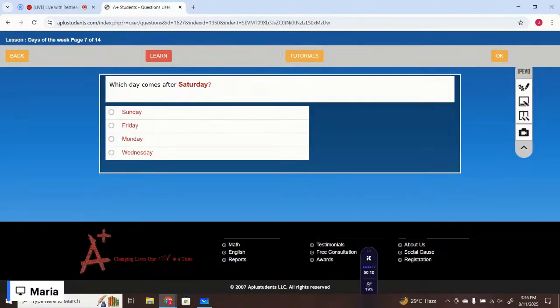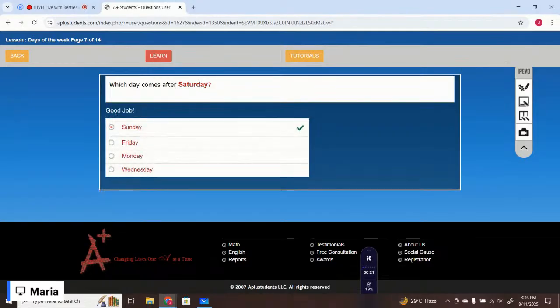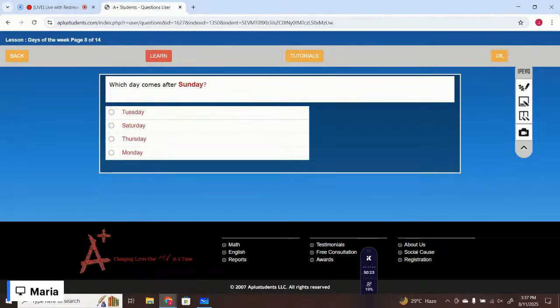Which day comes after Saturday? After Saturday, it is Sunday. Option number one is the correct option. Which day comes after Sunday?